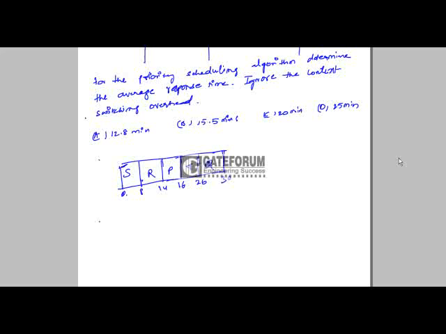Here we have to find the average response time. So what is response time? Response time is the time taken by the process to start responding, but it is not the time the process takes to output the response.